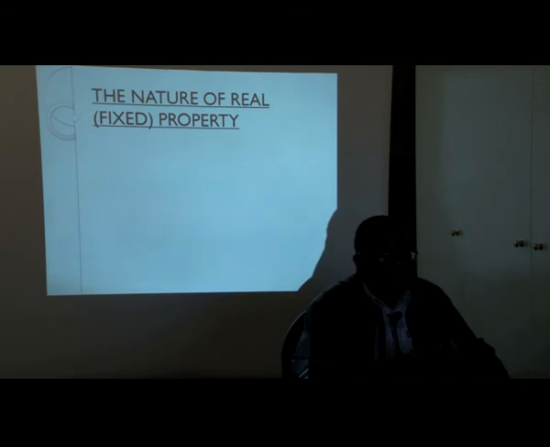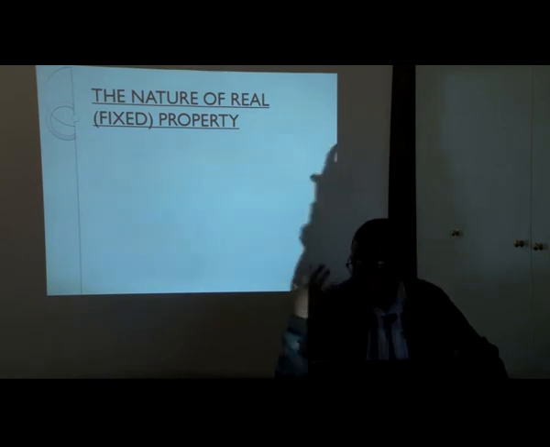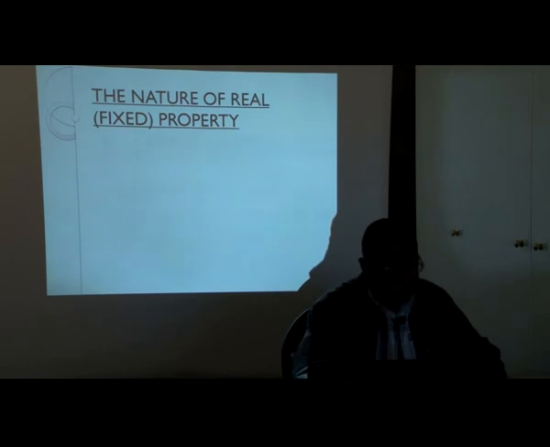That's why we start with the mere basics of real estate property, so that everybody feels comfortable and nobody gets lost on the way. When you talk about valuation, you know you're going to be dealing with real property. So that's the reason why we start with the topic of the nature of fixed property. You need to know the basics of real property.